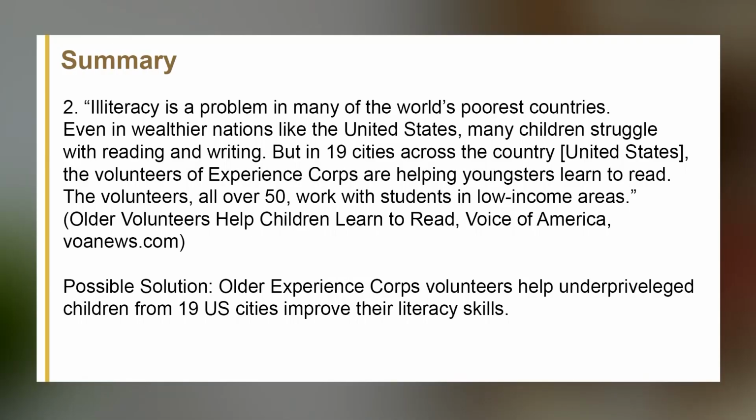are not included. The reader has also substituted words like underprivileged for low-income areas and literacy skills for learn to read. These are examples of paraphrasing. Did you notice them in the summary? The reader has also condensed the information into one sentence.